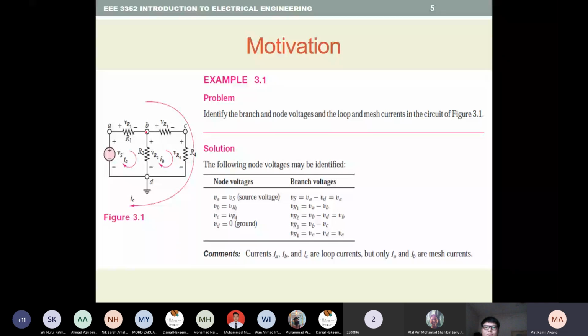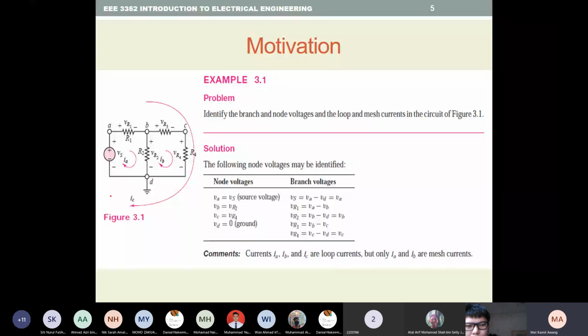And VR3 is basically VB minus VC. VR4 is VC minus VD, and VD is 0, so VR4 is equal to VC. So that is the node voltages. This one we just introduced or identified the node voltages.